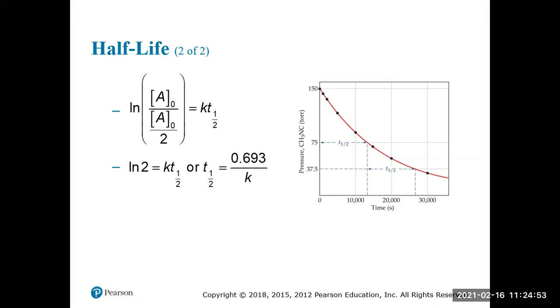That's an interesting takeaway from working through these rate relationships and boiling it down to this: the half-life being equal to 0.693 divided by the rate constant. So it does depend on the rate constant, but it doesn't depend on the concentration of the reactant.